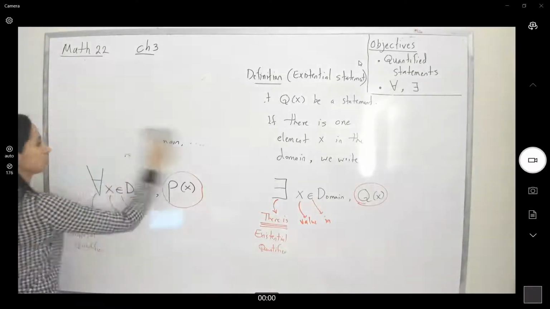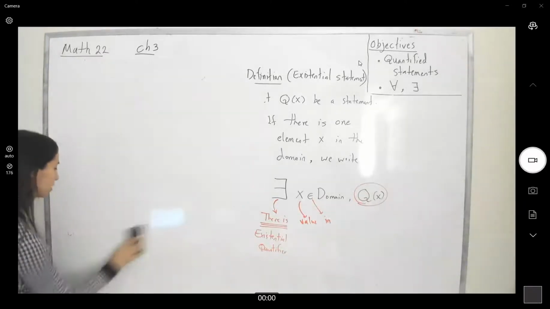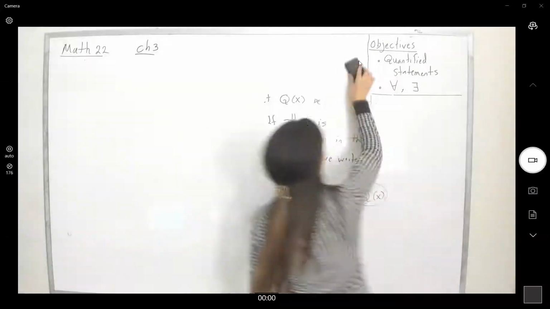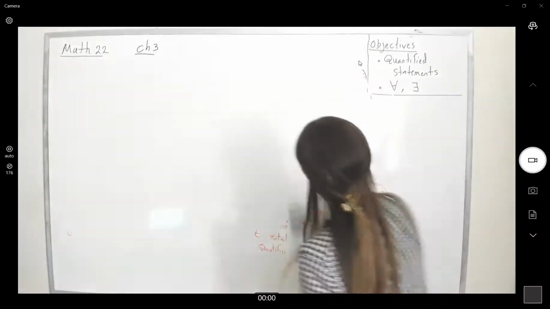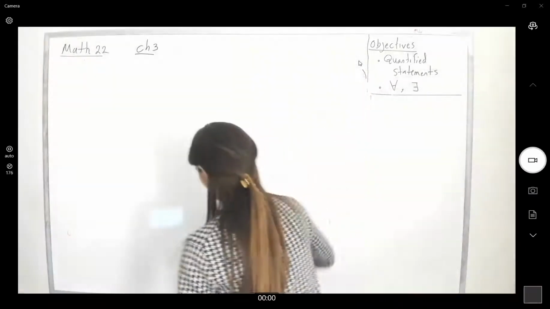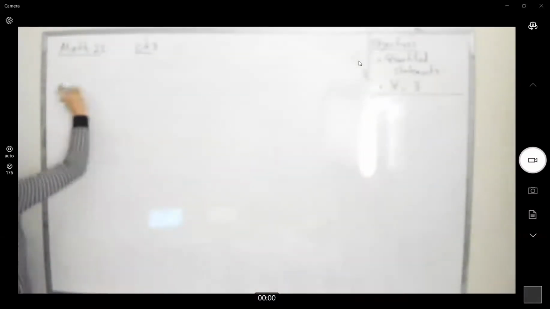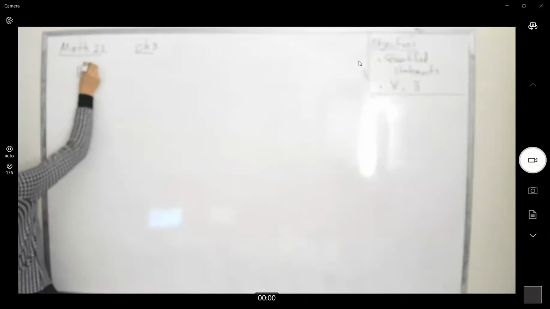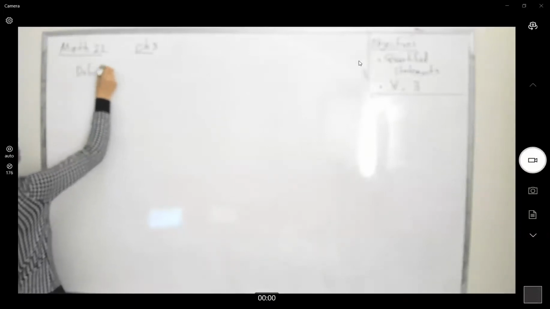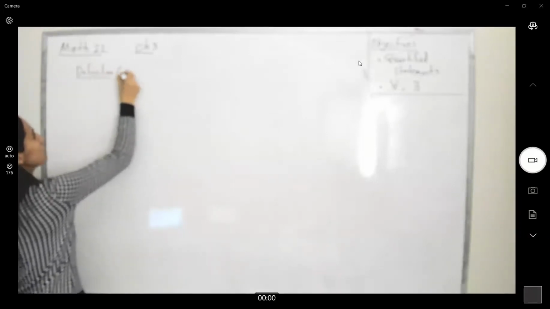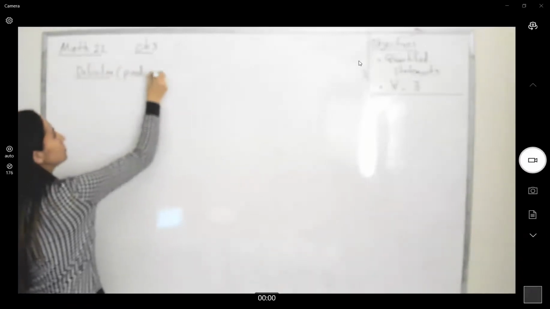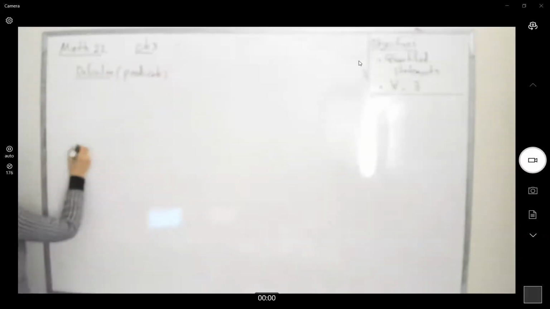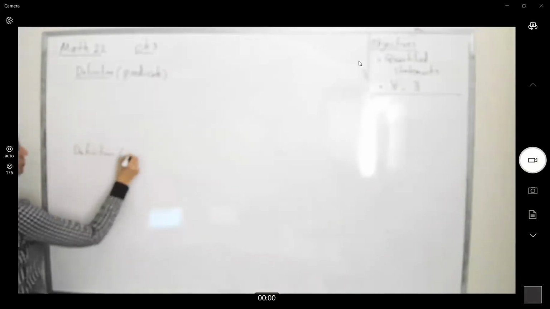So let us talk about the truth set. Let's define a predicate, and then we talk about the truth set.